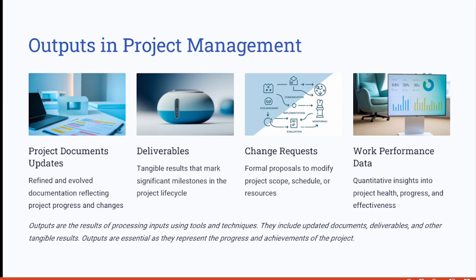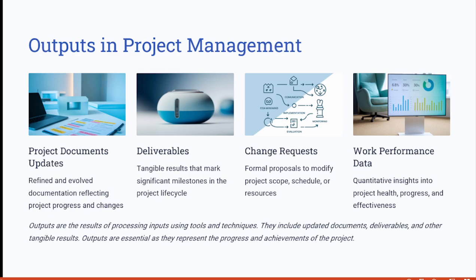The outputs include updated documents, deliverables, and other tangible results. Outputs are essential as they represent the progress and achievements of the project. For example, deliverables are the tangible or intangible products produced as a result of the project activities.